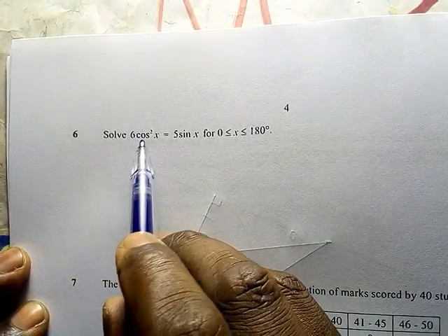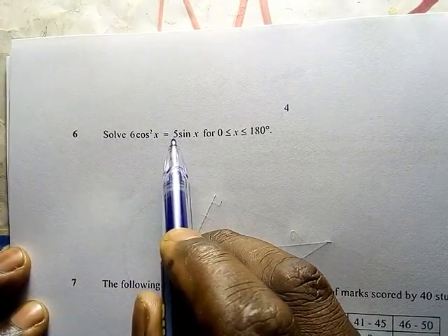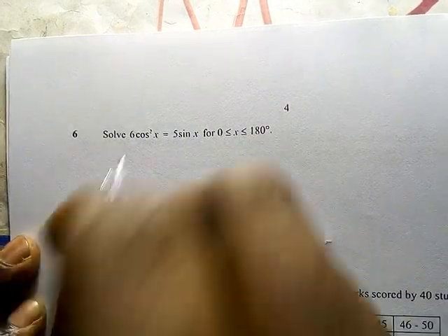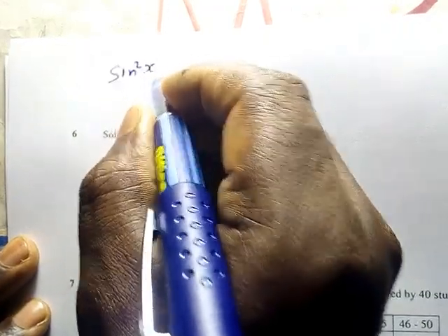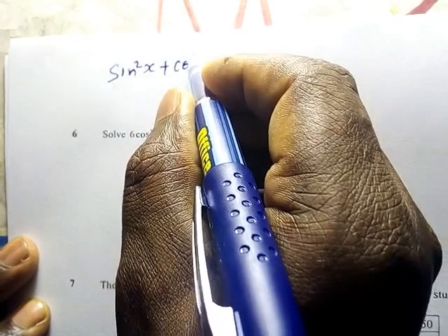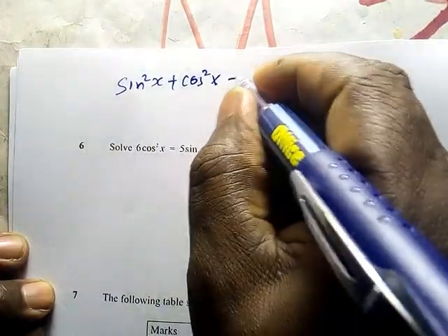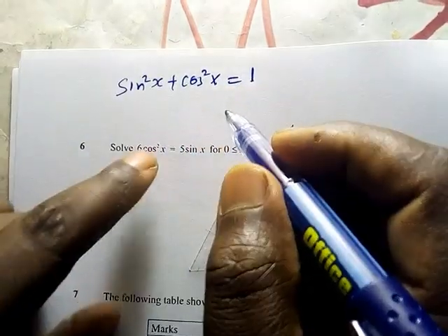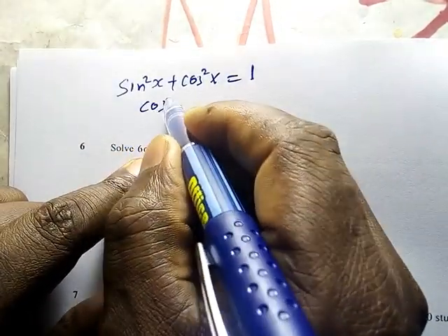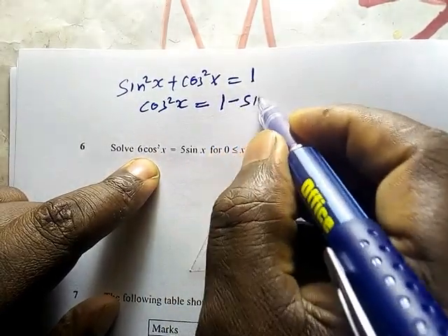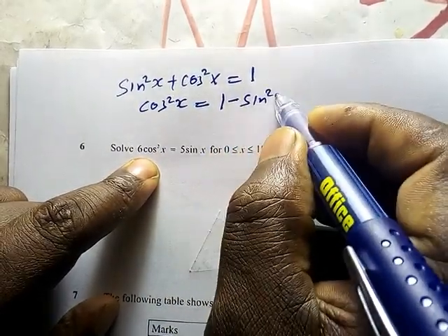Solve 6 cos square x is equal to 5 sin x for this range of angles. Remember, from sin square x plus cos square x is equal to 1, meaning that cos square x is equal to 1 minus sin square x.